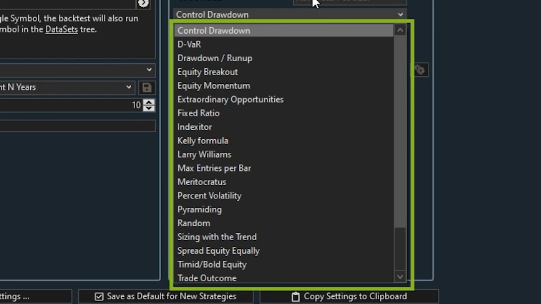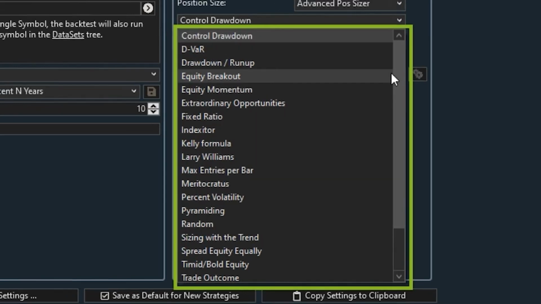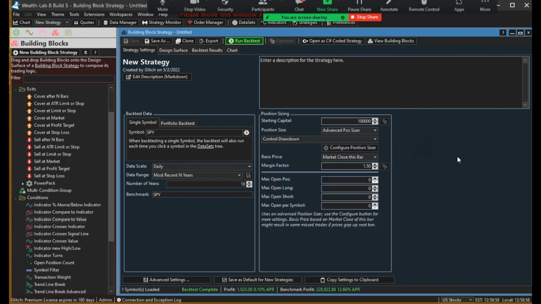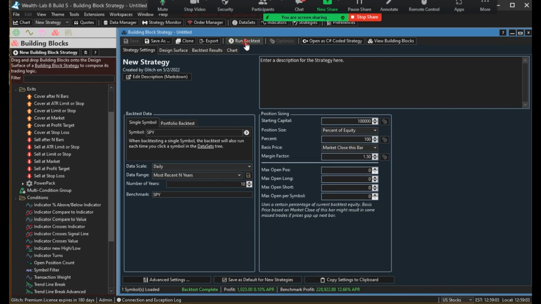So do you mean these advanced position sizers here? Yeah. I mean, everyone is coded differently. So maybe if there's a specific one you're interested in, maybe we can talk about it next time because we're kind of running out of time here, or maybe mention it on the forum. But for now, I'm going to go with percent of equity 100 because I want every trade to basically take up all the equity since I'm testing just on one symbol.